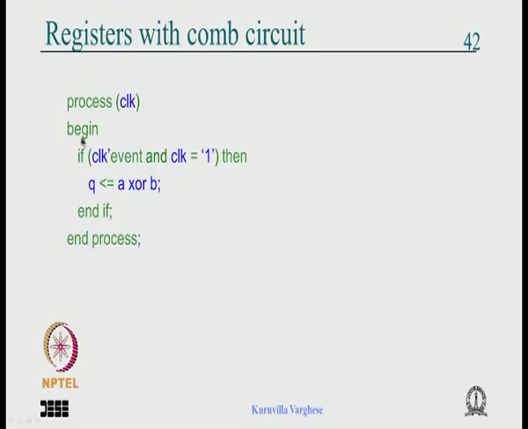Begin, if clock'event and clock is equal to 1 then Q gets A XOR B. This says that when the clock comes, Q will get some input. We normally write Q gets D, but here Q gets A XOR B. It's a perfect code; it will simulate and synthesize, and the synthesis tool will generate a circuit for it.